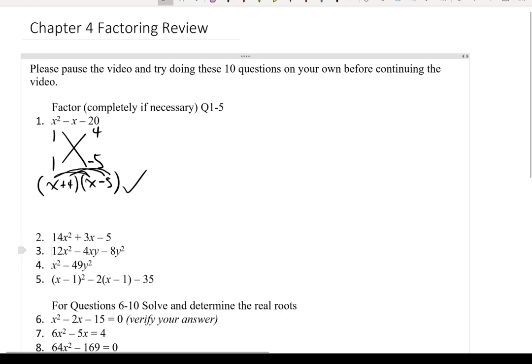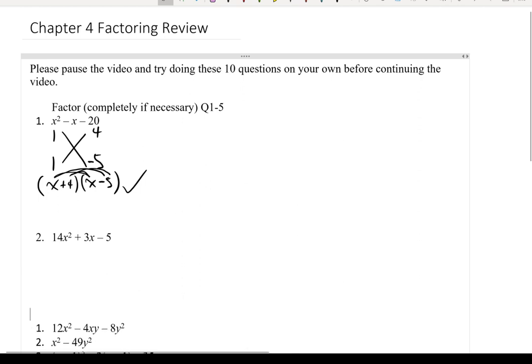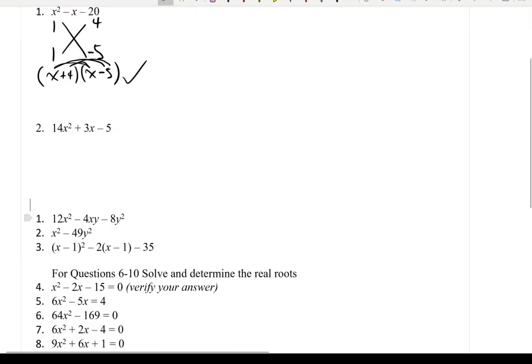Good. Question 2. Let me make some space. This one, we have 14x squared. So I'm going to have to split this into 7 and 2. And then 5 is going to be 5 and 1. And then I want to figure out a combination of 7 times 1 and 2 times 5, which will give me plus 3x in the middle.